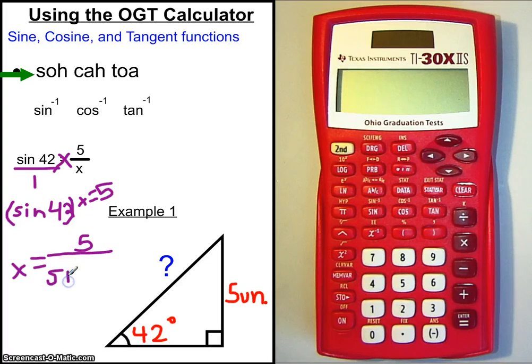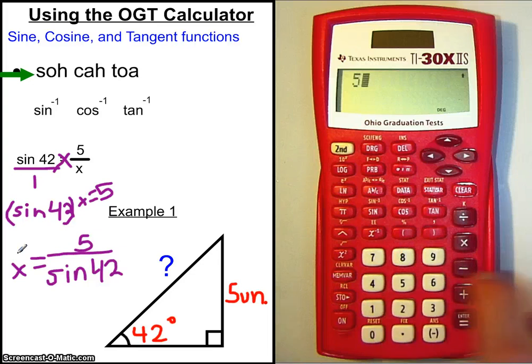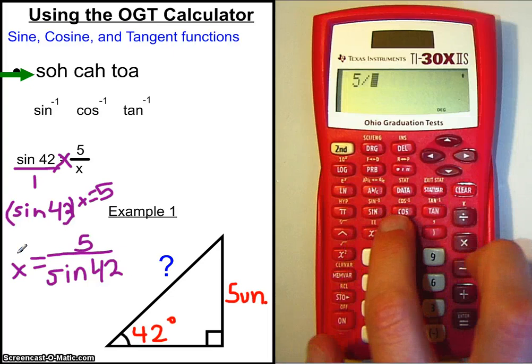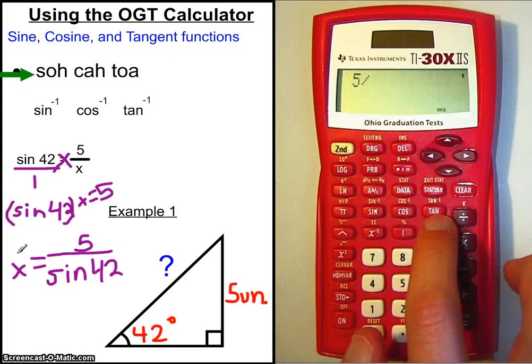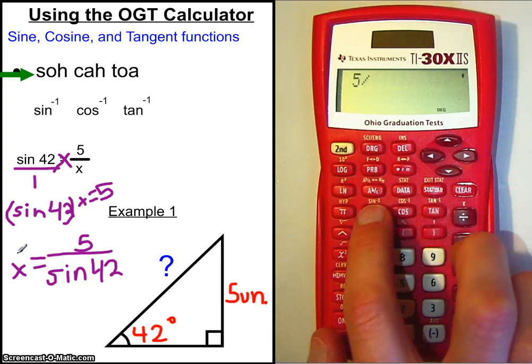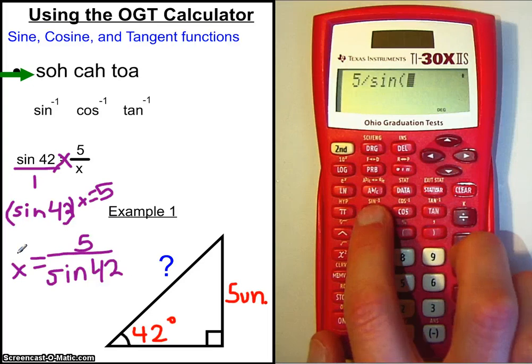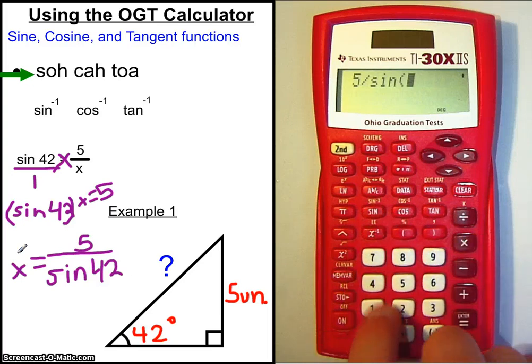So now we're getting to where we're going to use the calculator. This is how we would set up the problem. Now let's go ahead and turn the calculator on and then plug this problem in. We'd start with 5 divided by, you have the sine button here. Notice you have the sine, cosine, and tangent buttons, and similarly, you have the inverse of each above those particular buttons. So we want the sine, and we're going to type in 42.